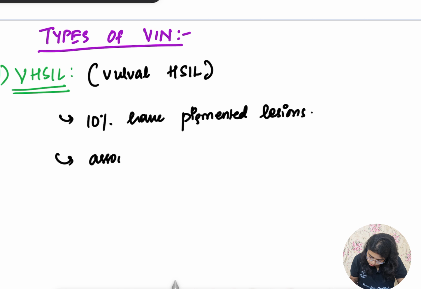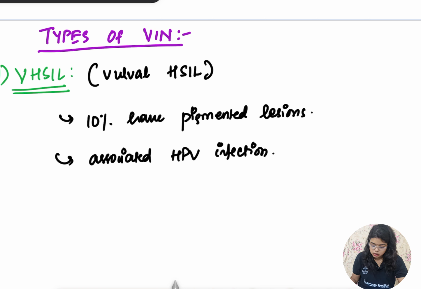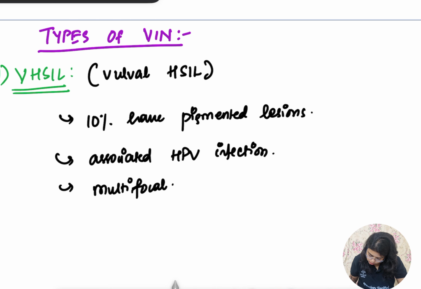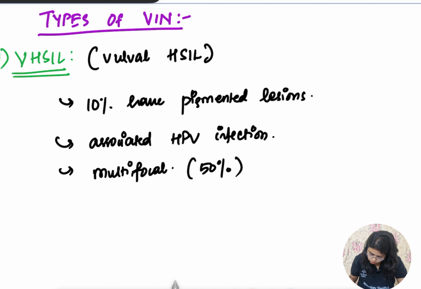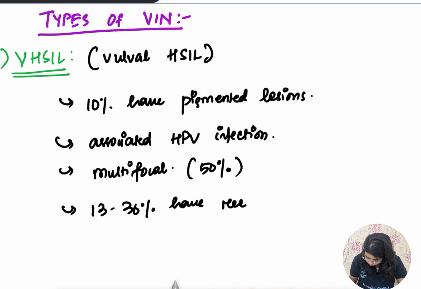So it is associated with HPV infection, and we know that HPV, being a virus, can affect multiple areas. So the lesions are multifocal, in 50% of cases. The recurrence rate is 13 to 36% after treatment.